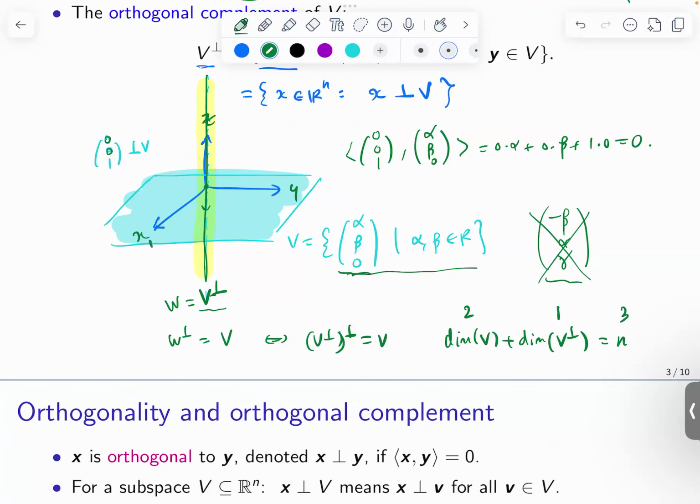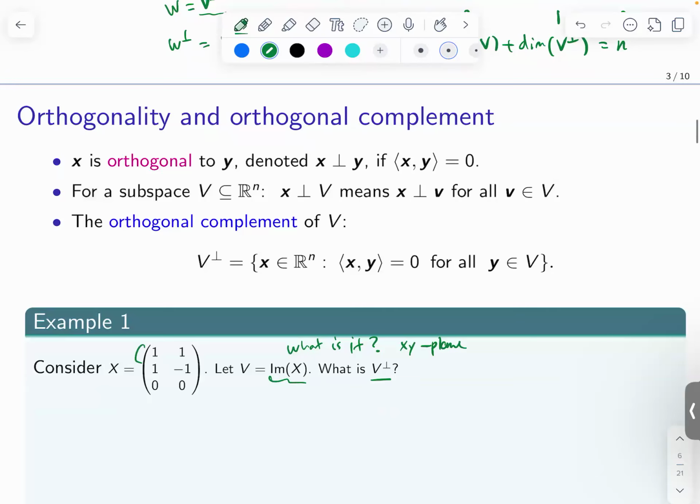You can say X1, X2, X3. It's a coordinate plane. If you want to be precise, you have to specify what X, Y, and Z are. This is because the span of those two columns is the XY plane. Once you specify the subspace, that defines its orthogonal complement.